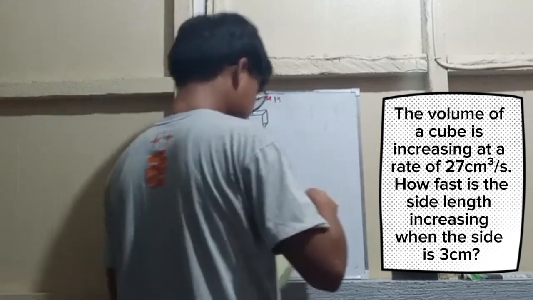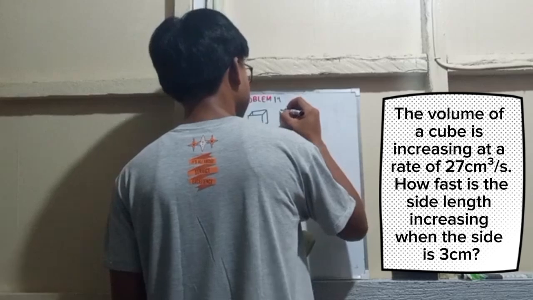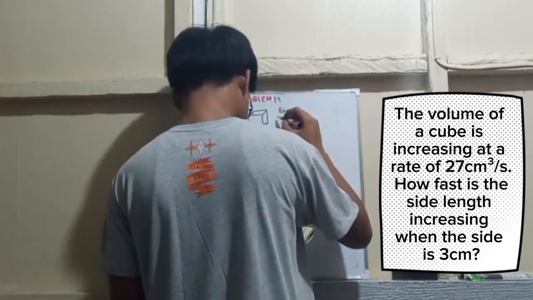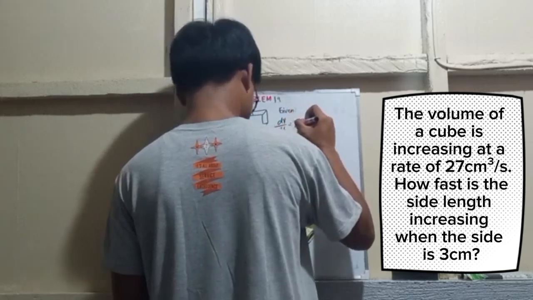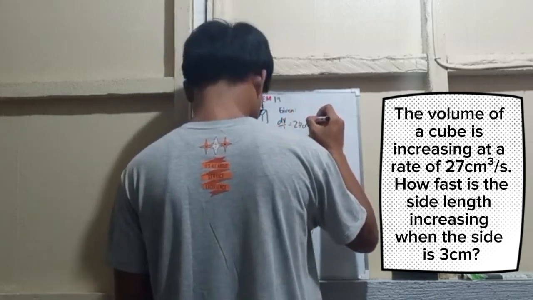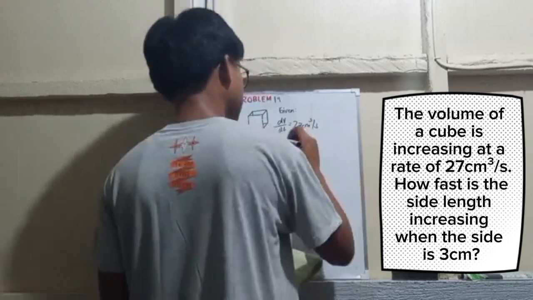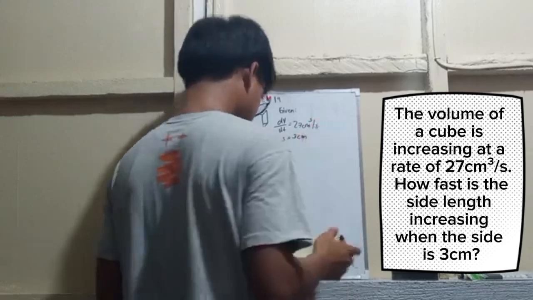So it is stated that the rate of increase of the volume of the cube, dV/dt, is equal to 27 cm³ per second, and the side is equal to 3 cm.